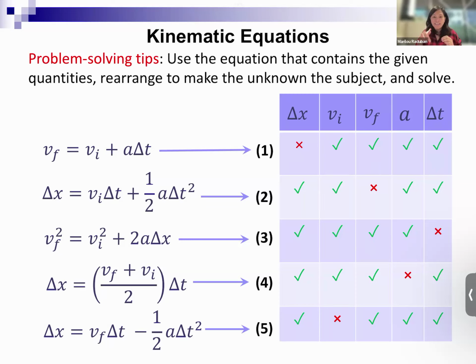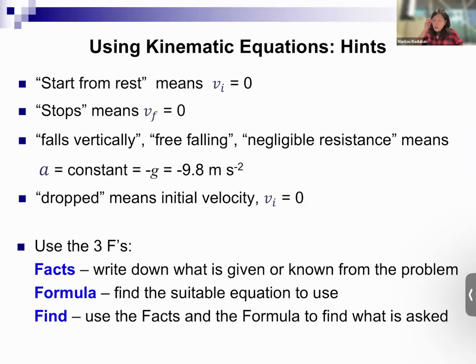Therefore, by looking at which kinematic variables are given in the problem and which kinematic variable you are asked to solve, it's then a matter of picking from these 5 equations the most sensible equation to use to solve for what's being asked. And we'll look at an example of how to use these kinematic equations.